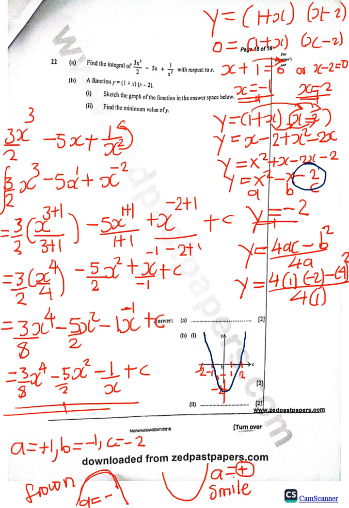So y is equal to 4 times 1 times negative 2, that's negative 8, minus negative 1 squared, which is 1, over 4. So negative 8 minus 1 is negative 9 over 4. This is our final answer, our minimum value. Whenever you are solving for minimum value or maximum value, just solve for the y-coordinate of the turning point.